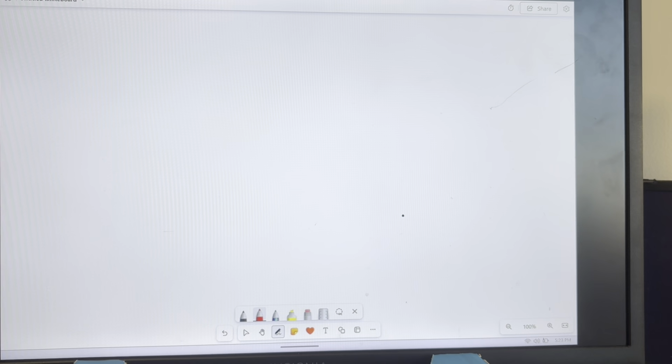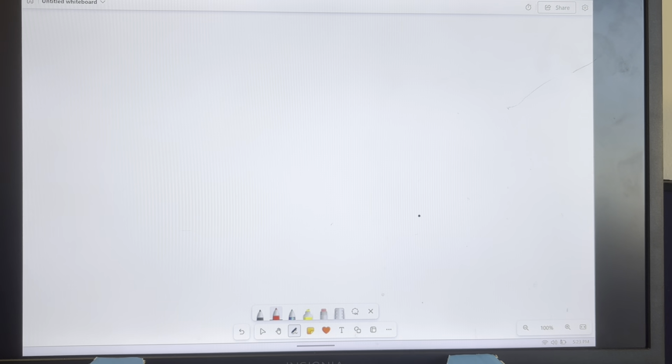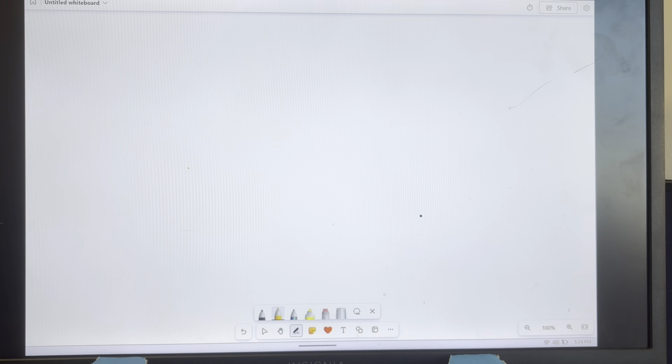So let me try to demonstrate that in a way that's easier to understand. All right, so now we're on my whiteboard on my tablet. We're going to use yellow as the surface of the sun. So this is going to be our sun right here, right?